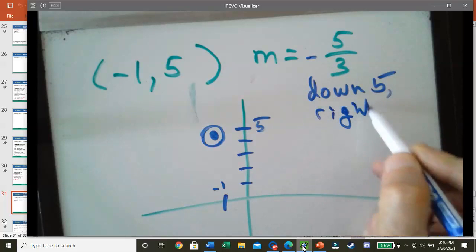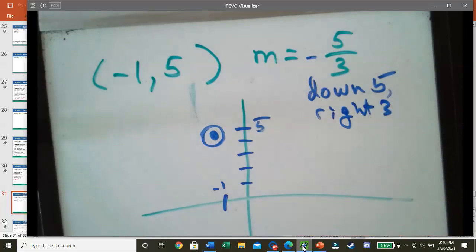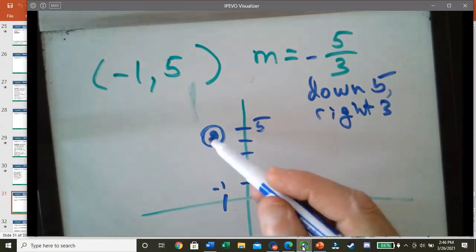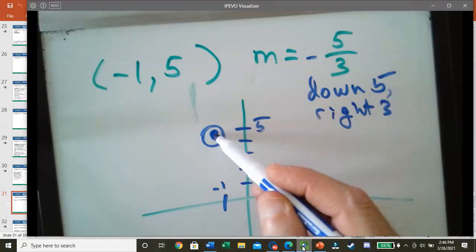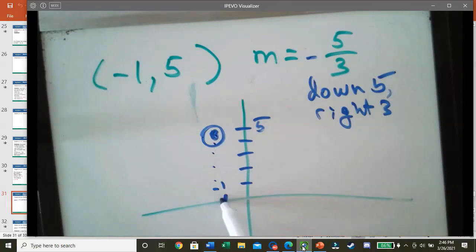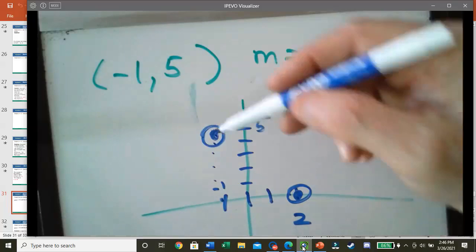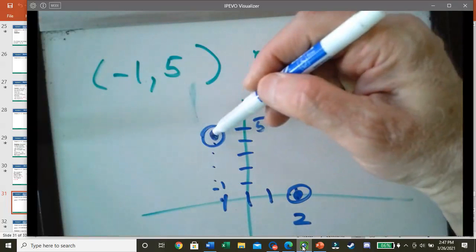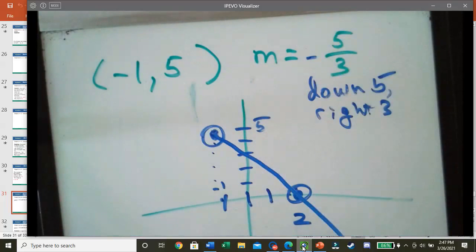That is correct. So here, we started with this point, and we go down 1, 2, 3, 4, 5, and to the right 3. 1, 2, 3. So actually that's a 2. This is actually 2 here because you started 1 to the left. Okay, so you join these points.